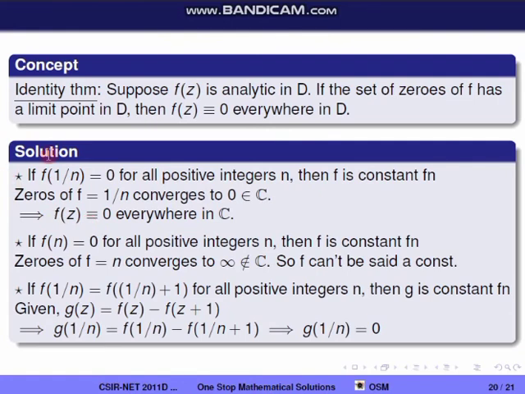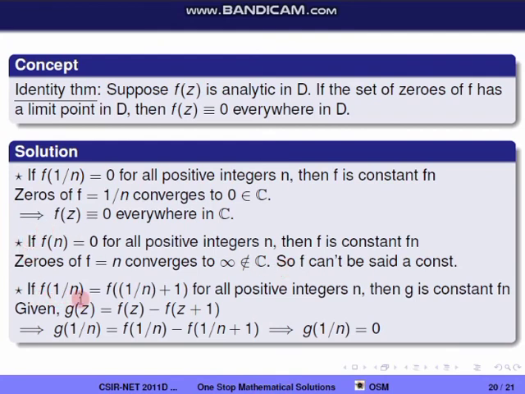So option 1 is correct. Now option 2: f of n is equal to 0 for all positive integers n, then f is a constant function. Here the zeros of f are n, which converge to infinity, and infinity does not belong to C. So we cannot say whether f is a constant function. So option 2 is wrong.